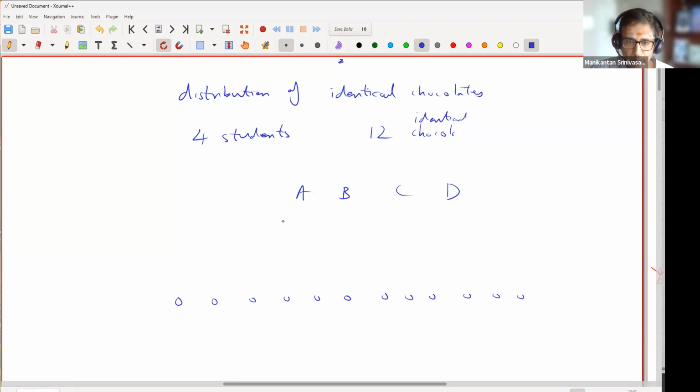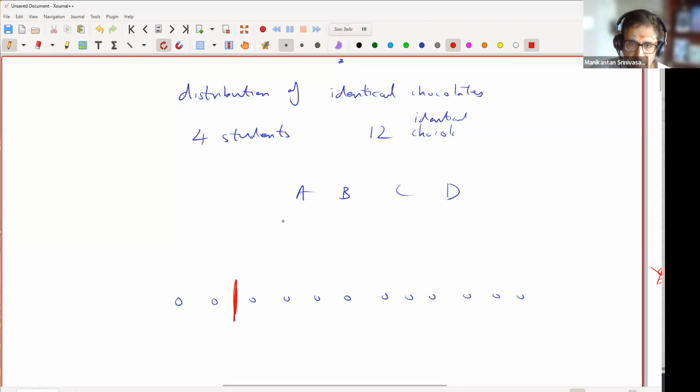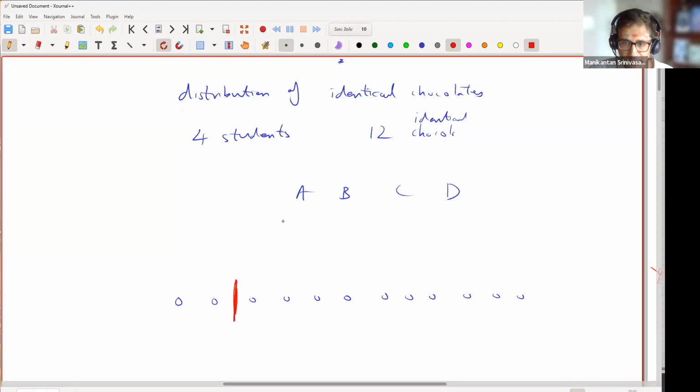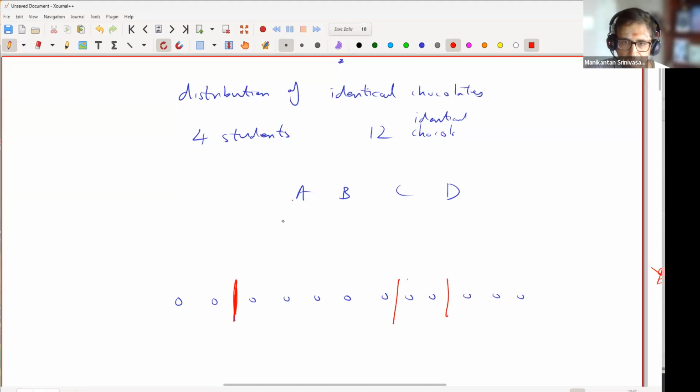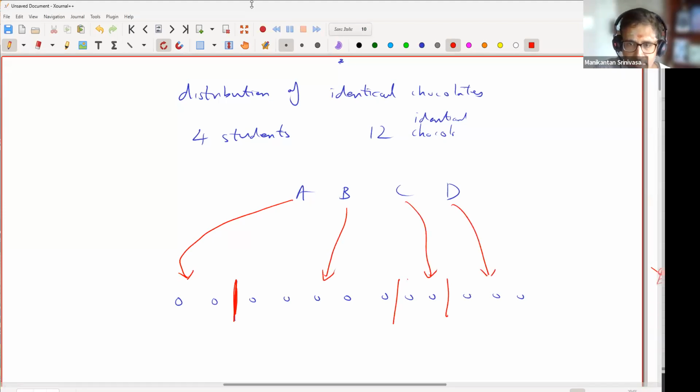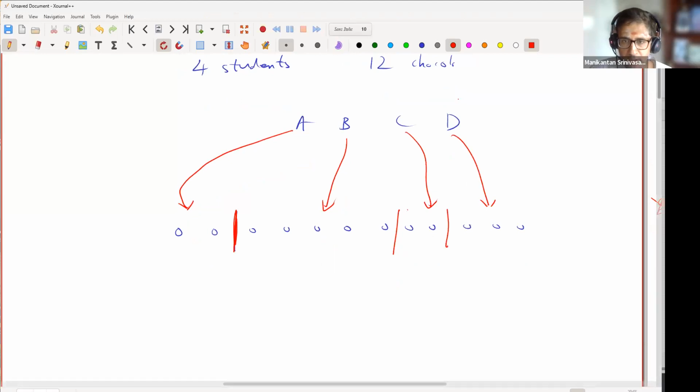So let's say he puts the first stick here, the second stick here, and the third stick here. That means A knows automatically to come and grab this, B knows to come and grab this, C knows to come and grab this, and D knows to come and grab this. That's one way in which you can distribute.